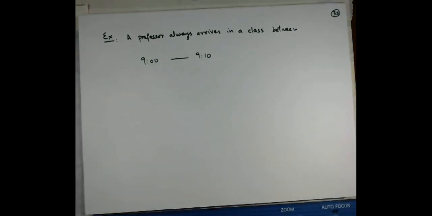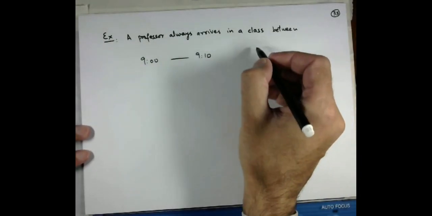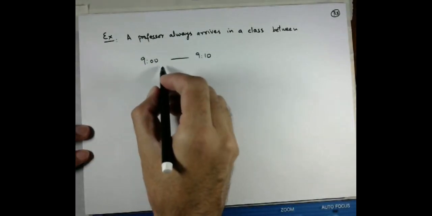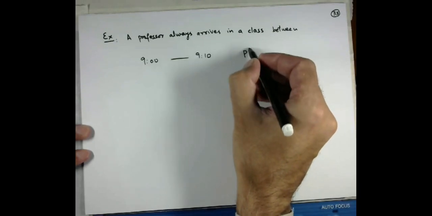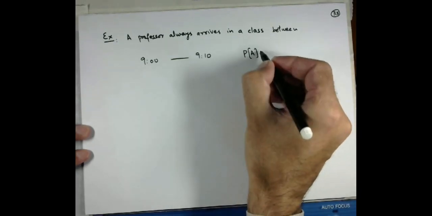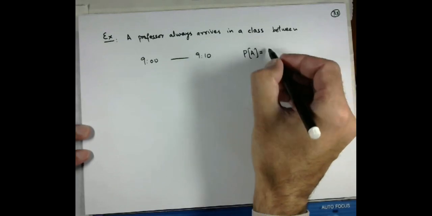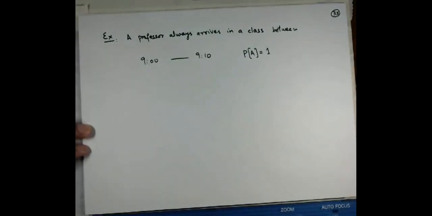So this is a 10-minute interval. If you know that the professor always arrives within this interval, you will say that the probability of arrival of this professor is simply 1, because you're already given that the professor always arrives within this interval.